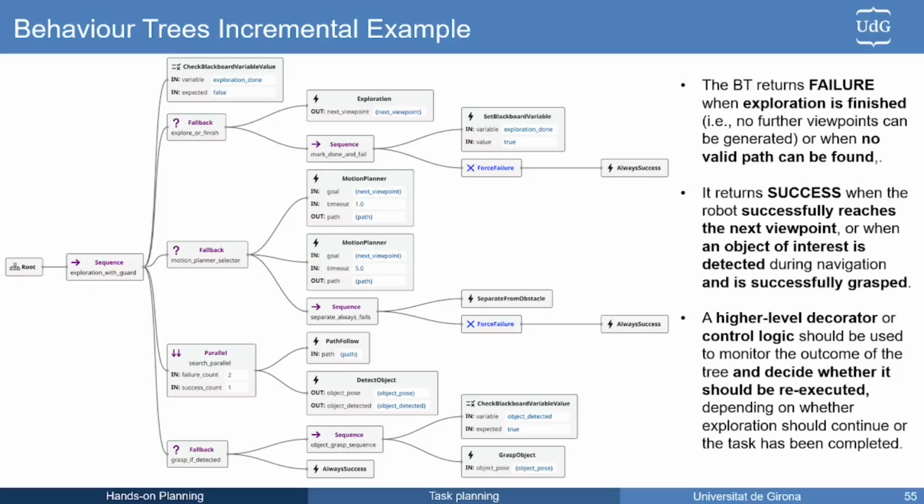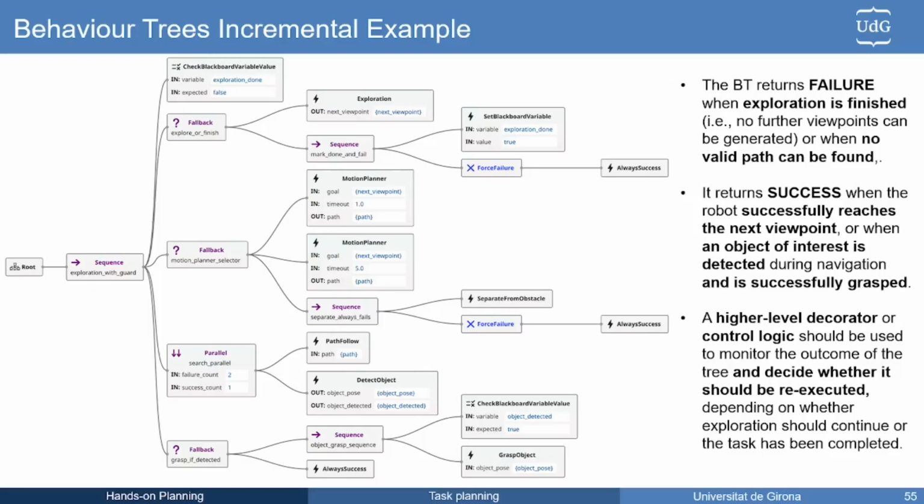What is clear here is that if we execute this only once and everything works fine, we will reach the first next best viewpoint, or we will grasp the first object. But that's all. The tree will finish.